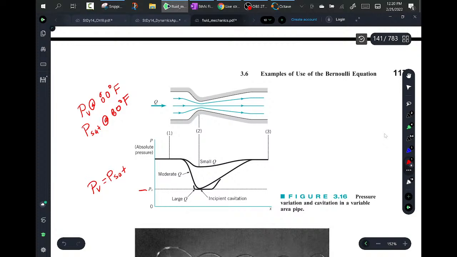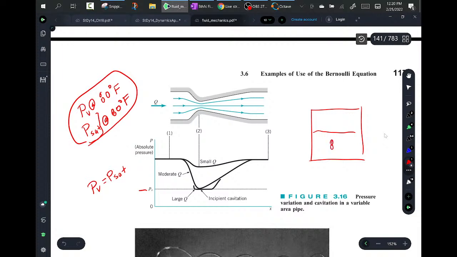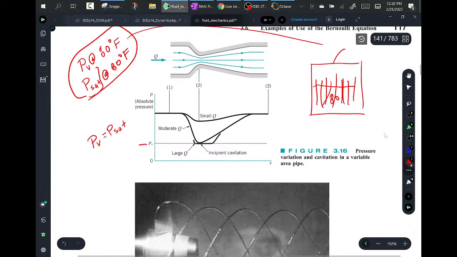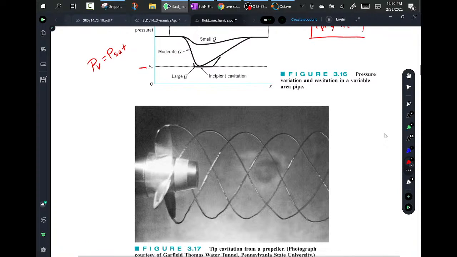Meaning that if the water was sitting in a vat at 80 degrees, and you put a vacuum pump on it and drew it below that pressure, it would start boiling immediately. It would boil at 80 degrees, and I could show you videos to that effect. It instantly turns to vapor.